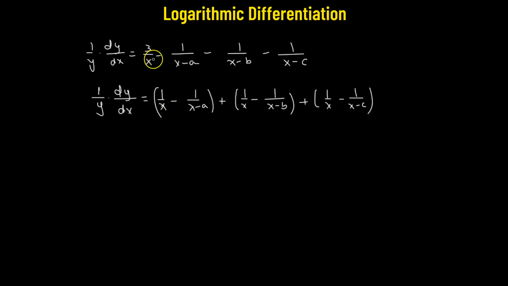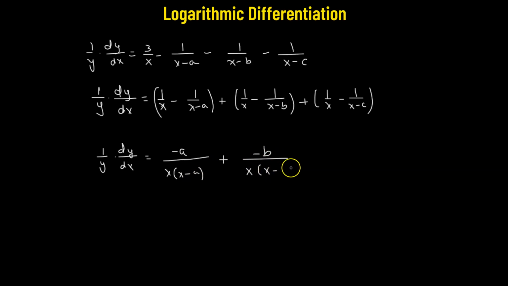So here we have split 3 over x into three 1 over x's. That gives us 1 over y times the derivative of y with respect to x equals, combining this, negative a divided by x times x minus a, plus negative b divided by x times x minus b, plus negative c divided by x times x minus c.